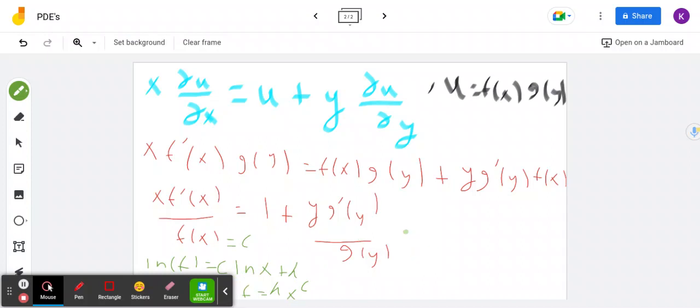And similarly for our function of y, this is also equal to c. And so when we subtract 1 and then divide by y, we get ln of g is equal to c minus 1 over y, so this becomes c ln y minus ln y plus k.